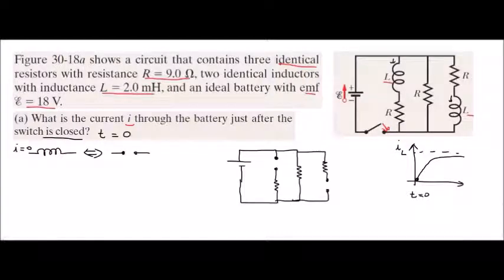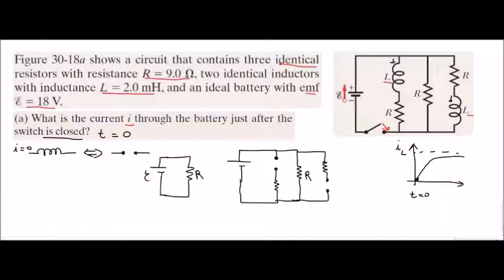So that's the equivalent circuit. Well, we can simplify it again, because there is no point to draw this resistor and this resistor. There is a broken wire here. So it will be as simple as that. We have this resistor in the middle here, and we have the battery.